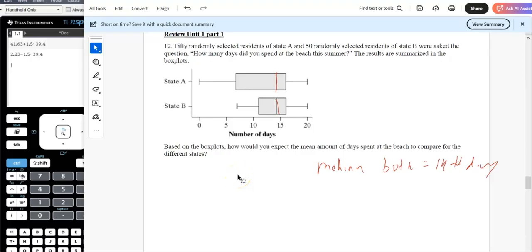Because it's skewed, the mean gets pulled. So the mean is going to be way smaller than the median for state A. They both might be skewed, but it's just more skewed. So I know that mean is smaller because of those smaller values that are part of the data.